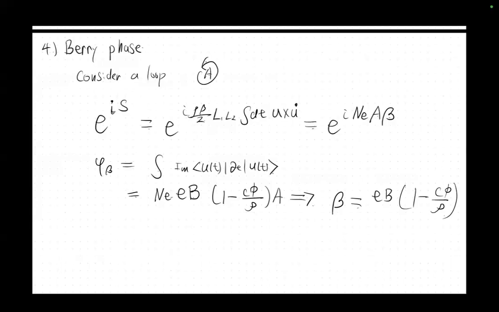So this is a more microscopic definition and derivation of what beta is, which doesn't rely on, for example, the fact that the coupling between electrons and the magnetic field takes exactly the Lorentz force form.